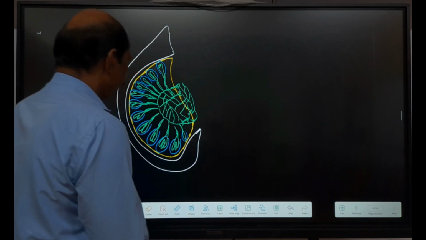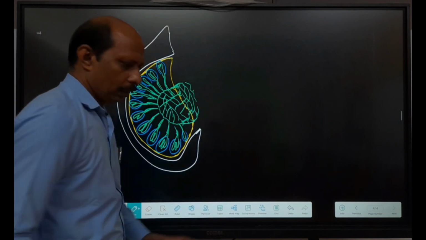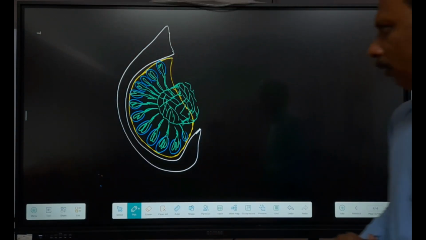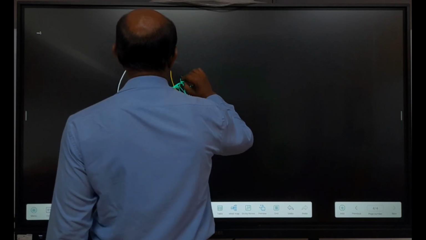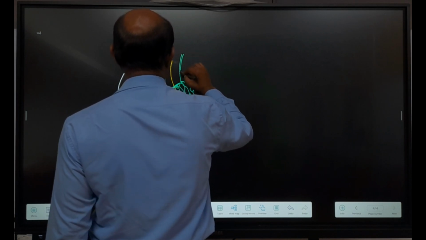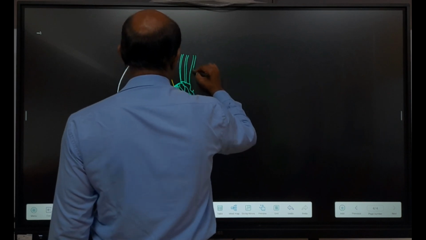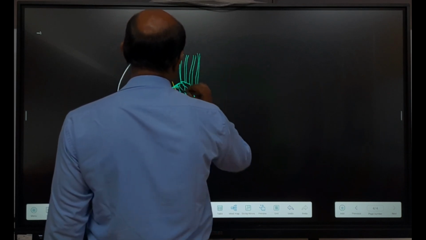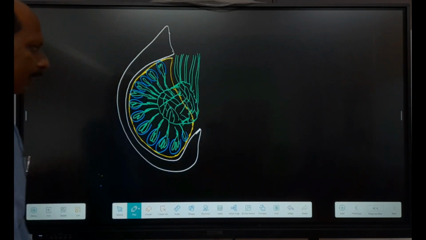Rete testis, right? Now from the rete testis, what happens here? Here 10 to 20 ducts arise. Here I have not drawn 10 or 20, but some here. These arise from the rete testis, right?